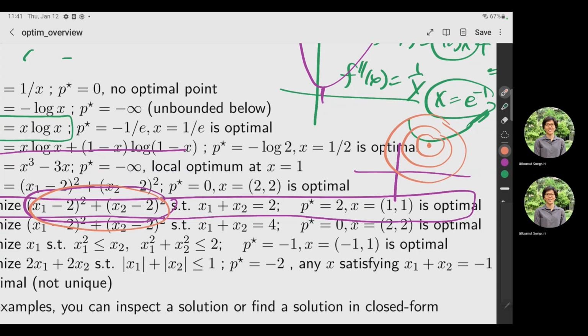We have the constraint x1 plus x2 equals 2. How does the constraint set look like? That's a straight line, passing through here. Is it on the whole green line, or is it below?